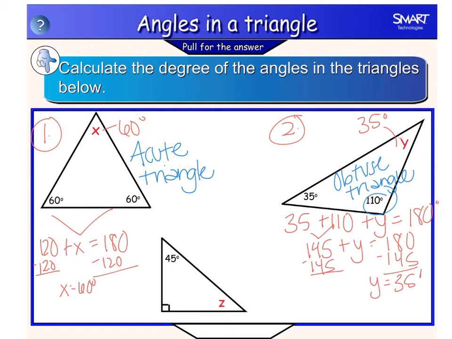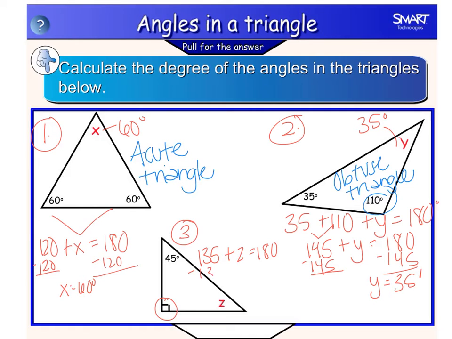Finally, let's move down here to the bottom picture. We'll call this number 3. We have a 45-degree angle and a 90-degree angle. So let's shorten our equation here. Let's go ahead and combine those like terms to begin with. 90 plus 45 is 135. So 135 plus z must equal 180.